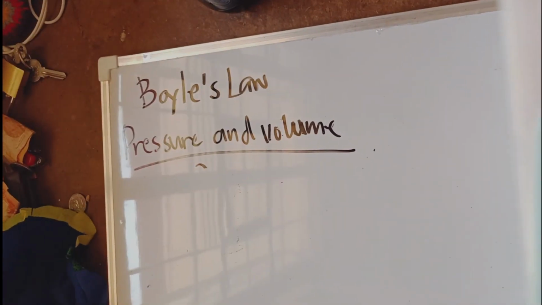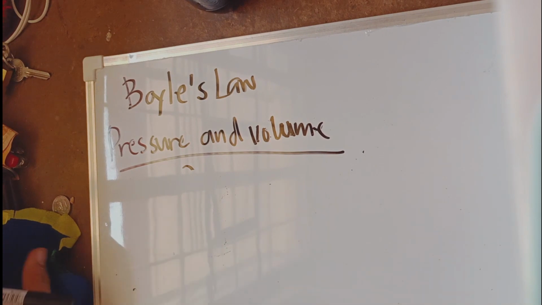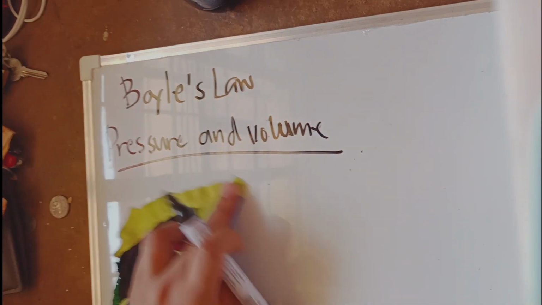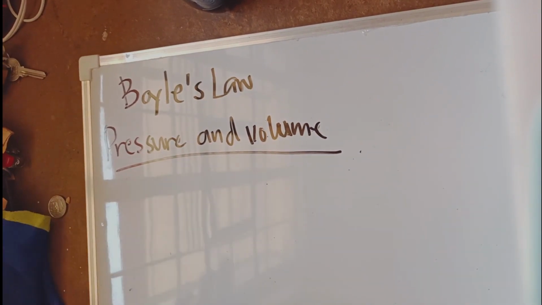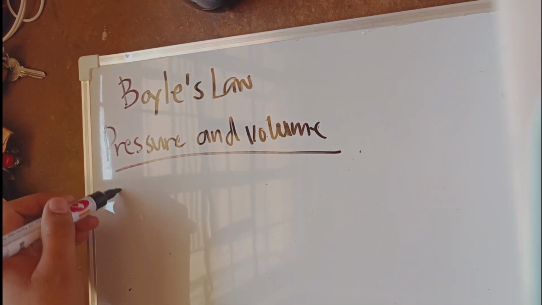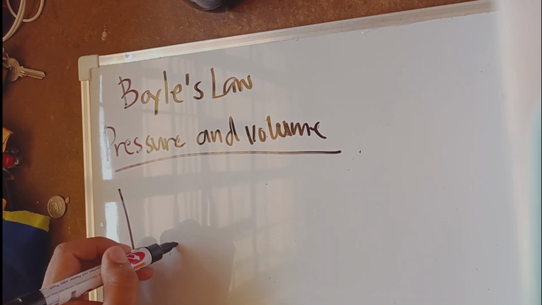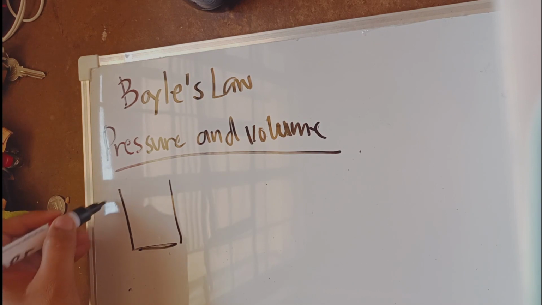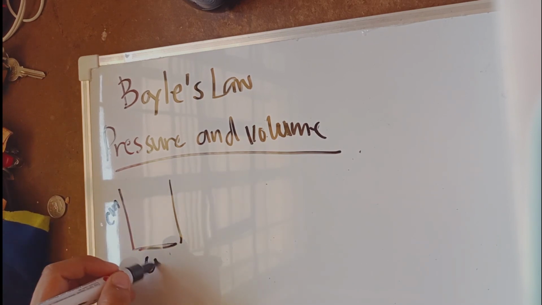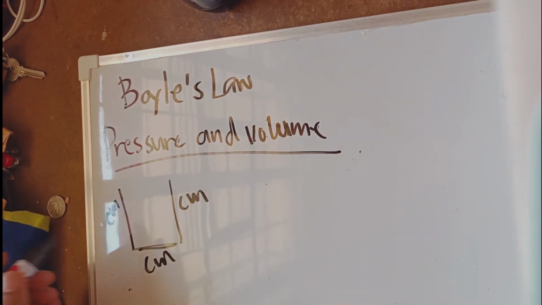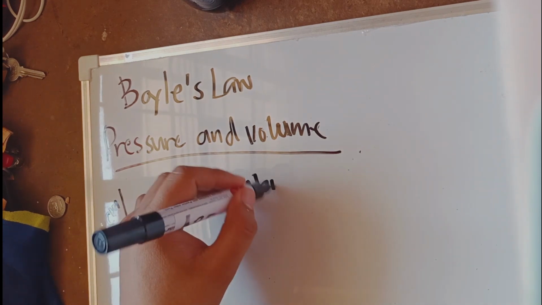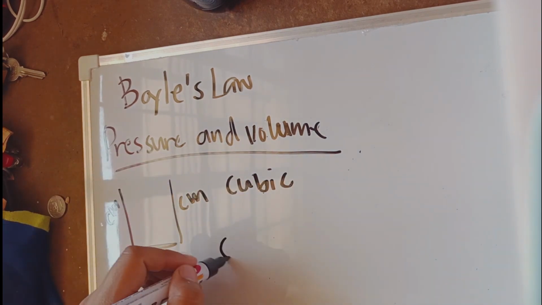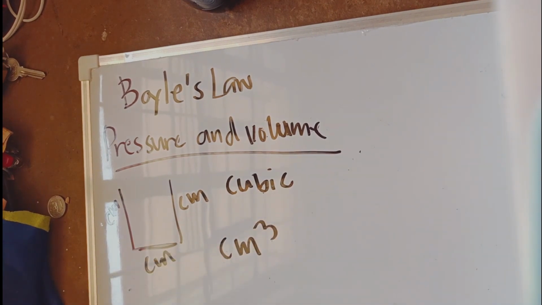Talking also about volume, volume is defined as a three-dimensional measure. For example, you have a certain glass, and it has this dimension in centimeter, centimeter, centimeter, so it is expressed in cubic, which means cubic centimeter.